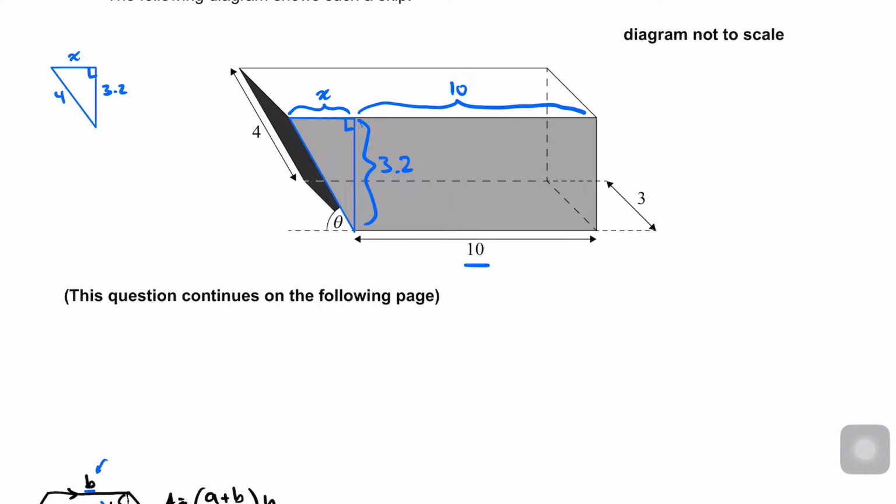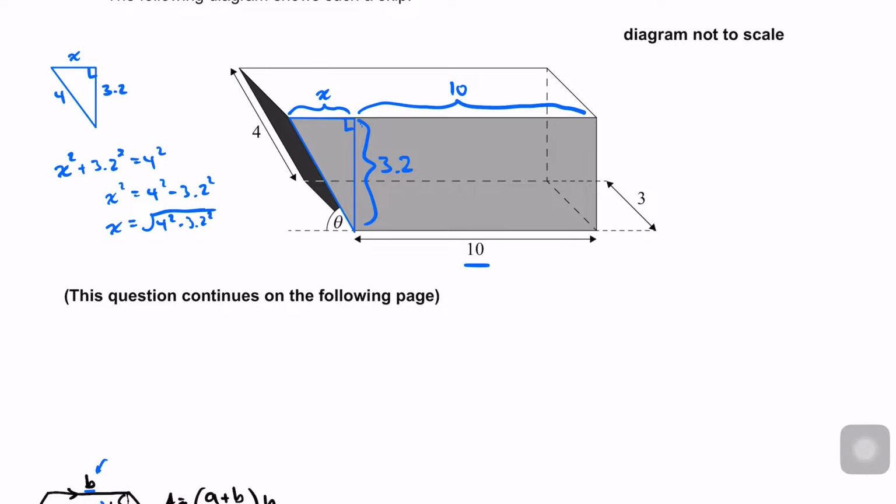So I'm going to rewrite this Pythagorean theorem: x squared plus 3.2 squared is equal to 4 squared. Let's bring x squared all to one side: 4 squared minus 3.2 squared. You could actually just solve for x, and that would be okay as well, and just keep a few decimal places.